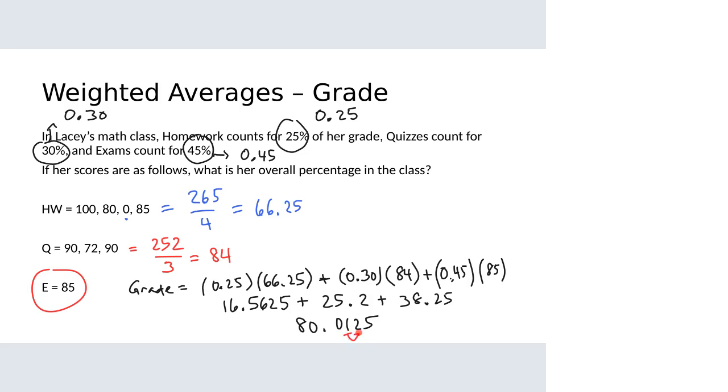We'll go to the hundredths place, look one space to the right, that's a 2, so lower. We'll round this down to 80.01%. So with those scores on homework, quizzes, and exams, with these specific weights, Lacey's ended up with an 80.01. If she was trying to get a B in the class, boy, did she do that perfectly.